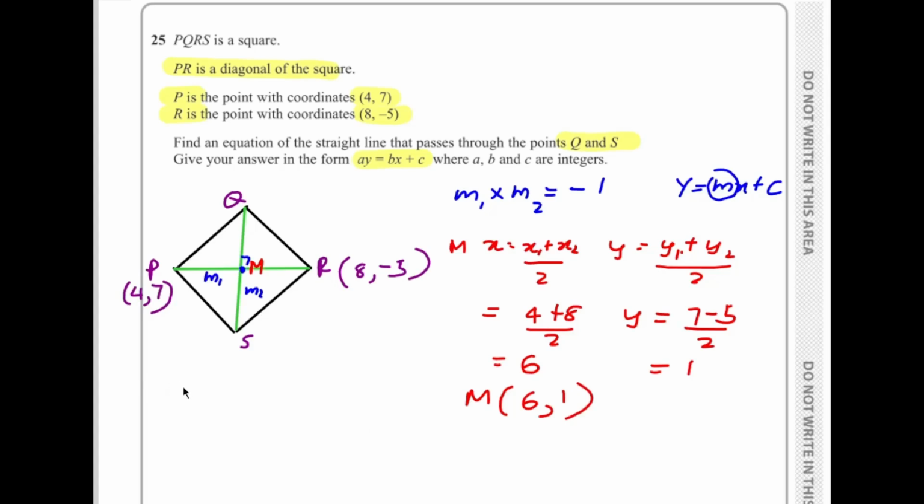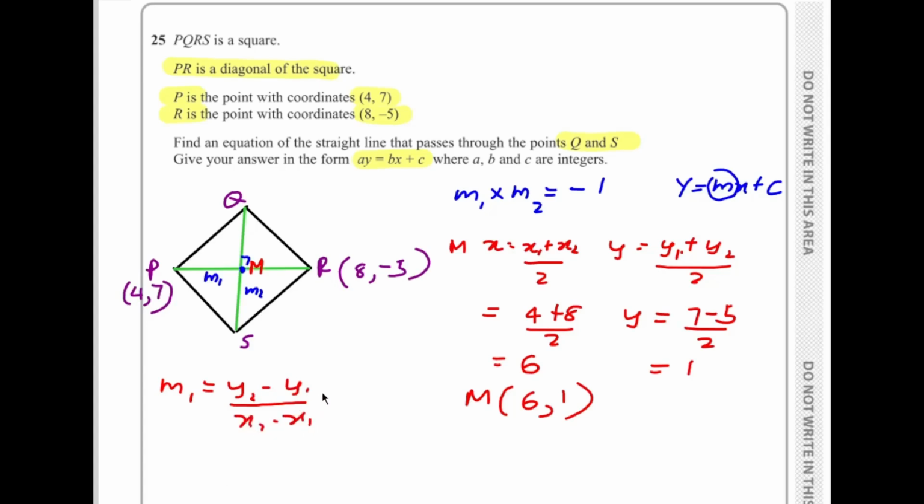Let's get the gradient of PR, which is M1. Then I know that gradient is y difference over x difference. So y2 minus y1 over x2 minus x1.